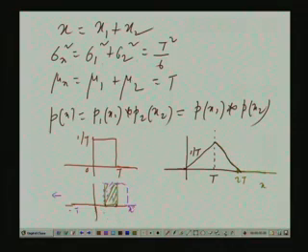This is x, total length is t, and this point is t. So, this is x minus t. So, how much is this? Two t minus x. Okay, this length is twice t minus x, and therefore, it will fall down. You can easily see. So, it is a triangle function.